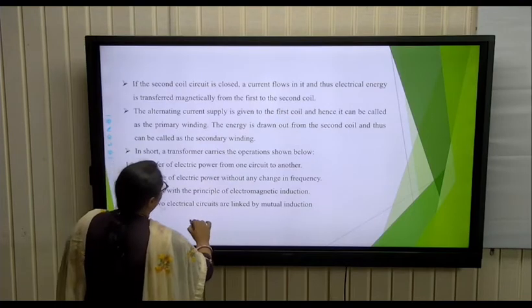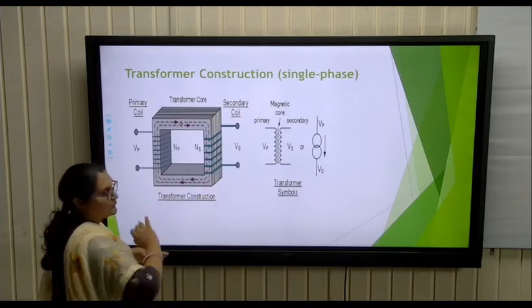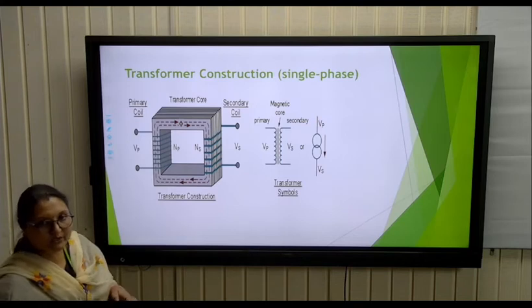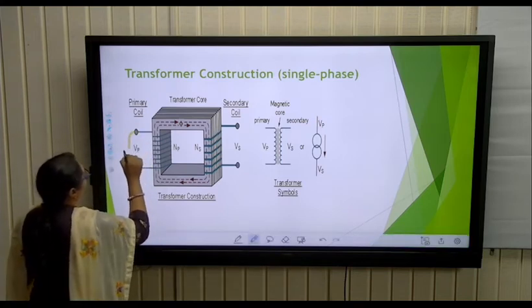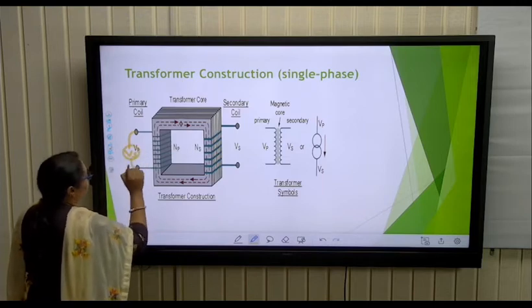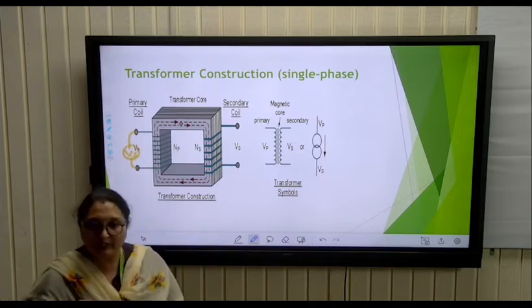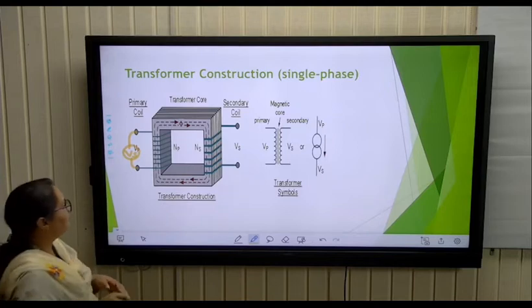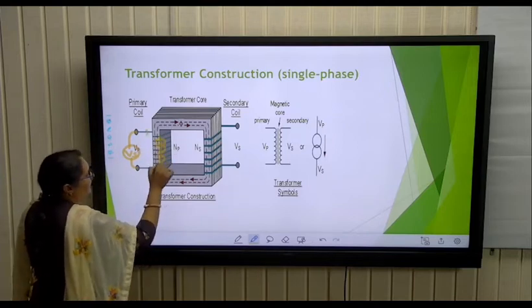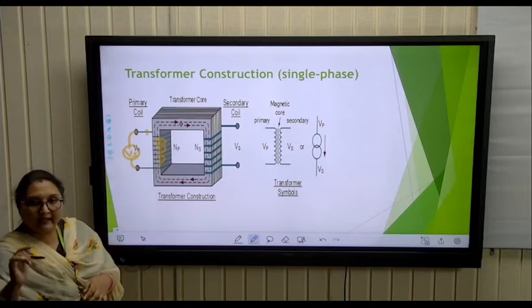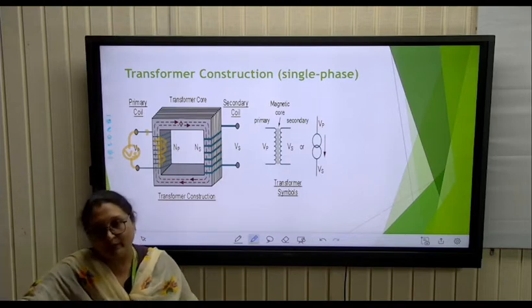Okay, so let us discuss the principle using this figure only. So what is going to happen actually when you apply a single phase AC voltage on the primary side of the transformer? Definitely there will be a current circulating in this winding. And you know that whenever there is a current, there will be a flux.